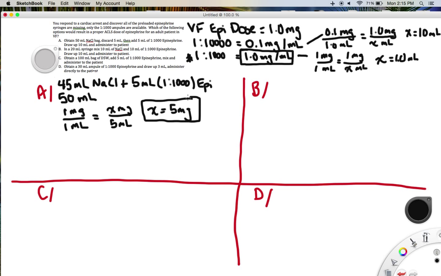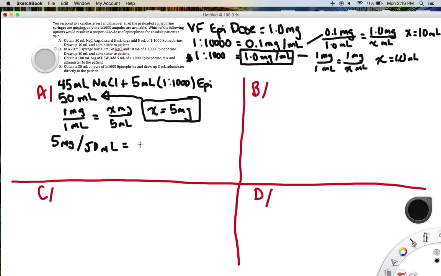So there's 5 milligrams of drug now in this 50 mils. The question then goes on to say we're going to give 10 mils of this to our patient. So I guess a good way to think about this is how many milligrams per milliliter are we going to give? If we have 5 milligrams of drug total in 50 mils, we have 5 milligrams divided by 50 mils.